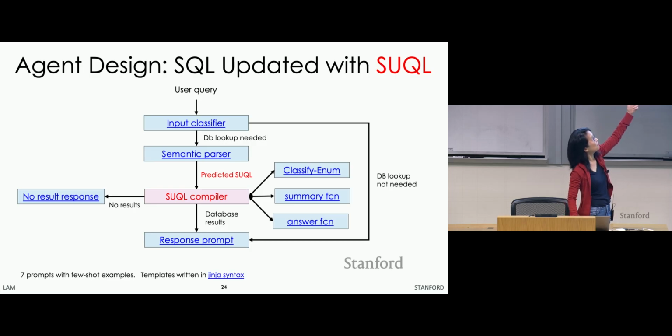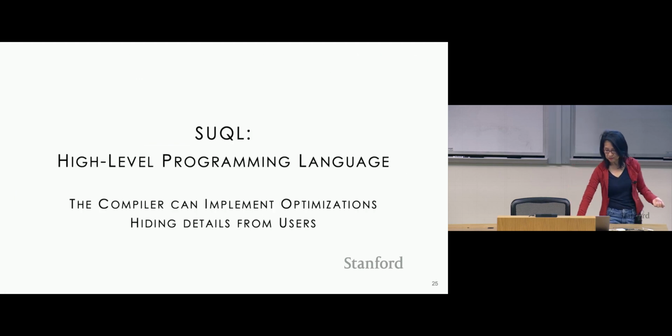It has the schema, and it has examples where the summary and answers are used. And that was it, just a few examples, and it seems to do pretty reasonably well, for example, for Yelp. On the slide, you can click into it. It will show you the entire implementation of the semantic parser. It's just a very small prompt. The compiler is a lot more complicated, which is what I'm going to talk about next.